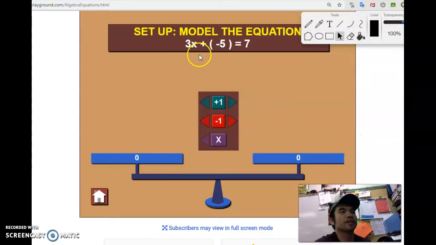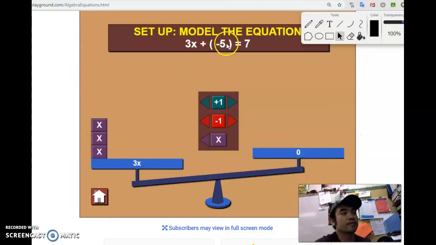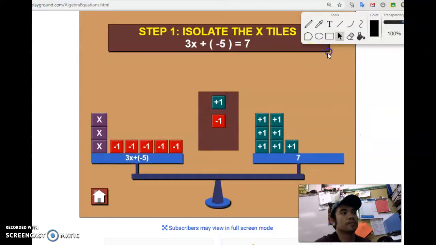Let's try 3x plus negative 5 equals 7. So 3x plus negative 5, so negative 5, and then positive 7. That's it. How do I get rid of negative 5? Well, I have to add 5 on both sides, okay?